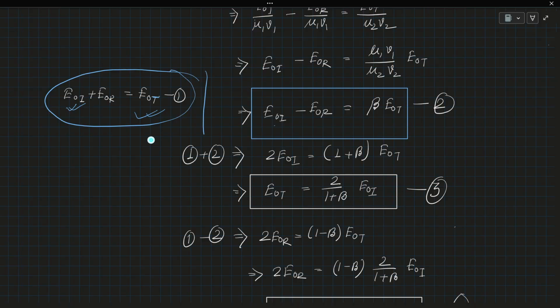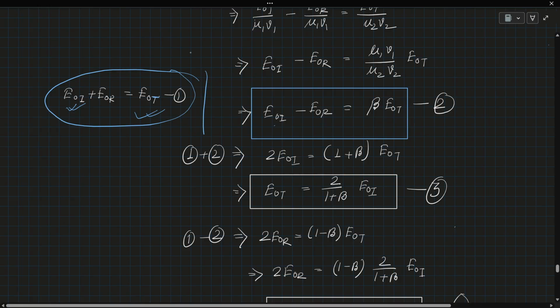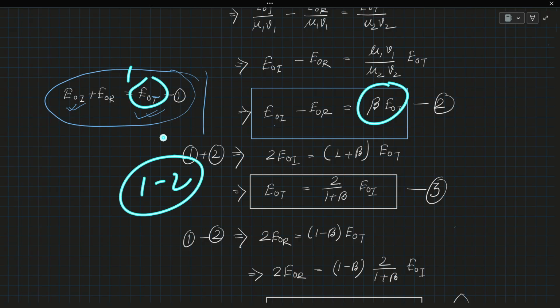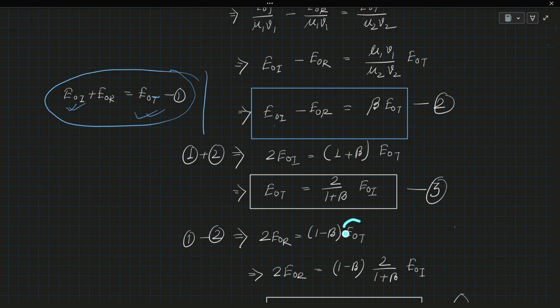And then if I subtract equation 2 from equation 1, what will I get? This is E0T, E0I plus E0R minus E0I, and this will be plus, so E0I will get cancelled, and this term will be there. So 2 times E0R, and then 1 minus beta. Here the coefficient of E0T is 1 and here it is beta, and then 1 minus beta E0T, right?